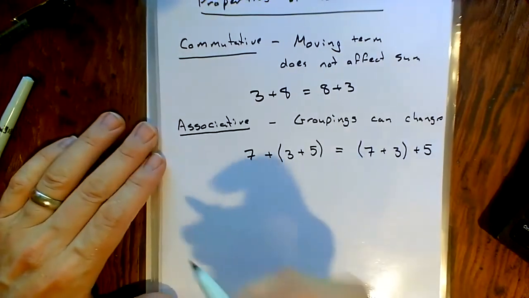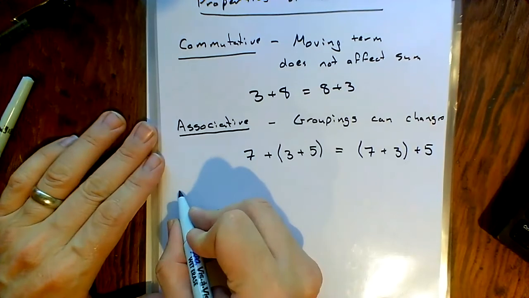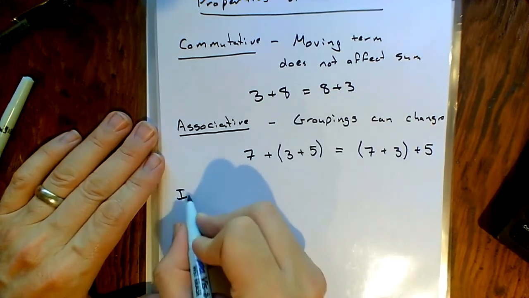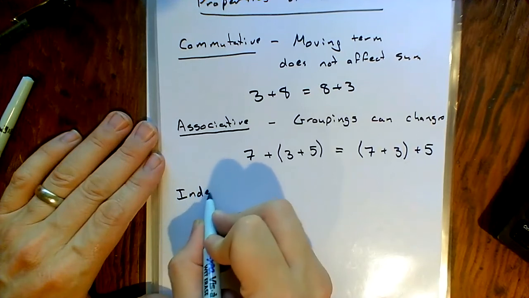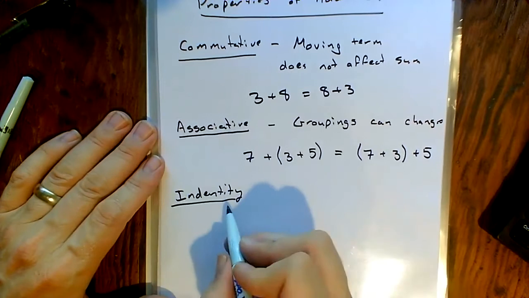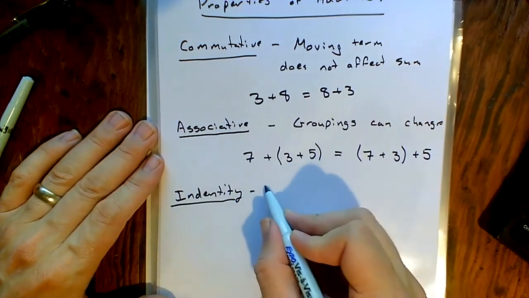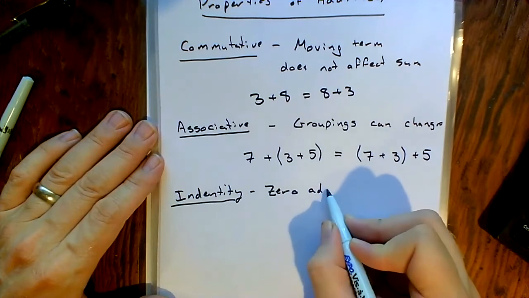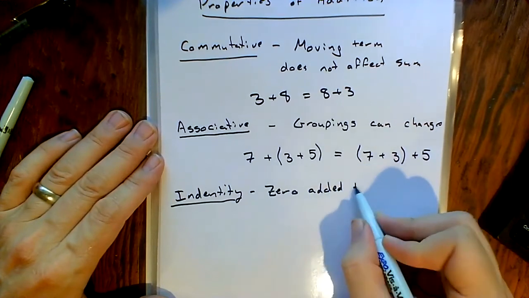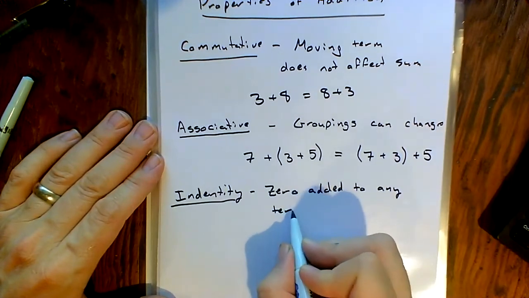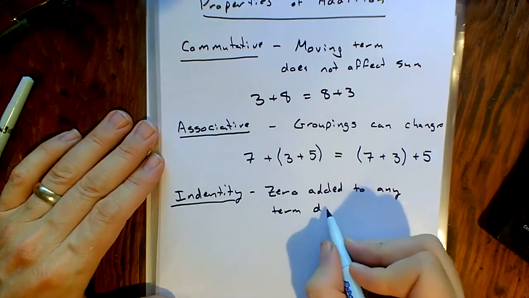The last thing that we're going to talk about with that is an identity. And an identity property, the identity of addition is 0. 0 added to any term doesn't change the number.